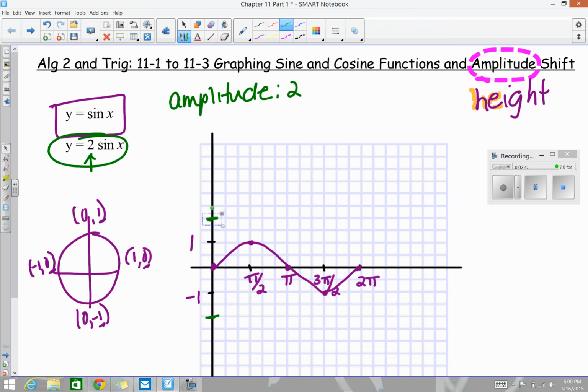So it's really easy. Wherever there's a 0, it's still 0, because 0 times any number is 0. Where it's 1, go up to 2. Where it's negative 1, go down to negative 2. So as you can see, now our graph goes up to 2 and down to negative 2. So the amplitude is 2, or the height has changed.